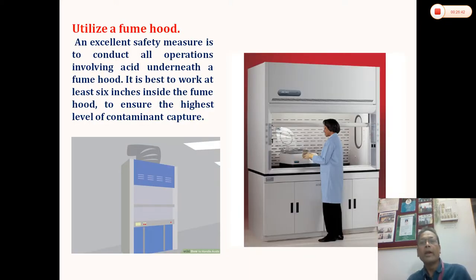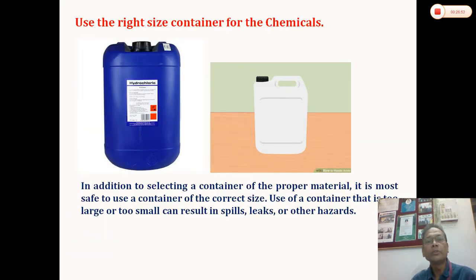Then, while handling acids that are highly fuming, you have to use fume hoods, which must be present in your laboratory. Then to store acid, don't use a glass container, because glass containers are brittle. So mostly try to use containers made of polymers, PVC.